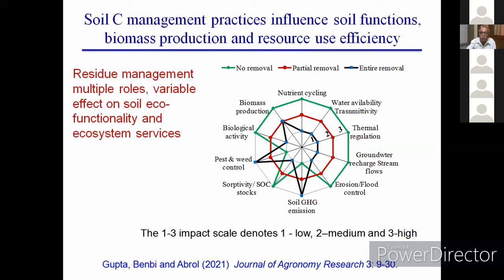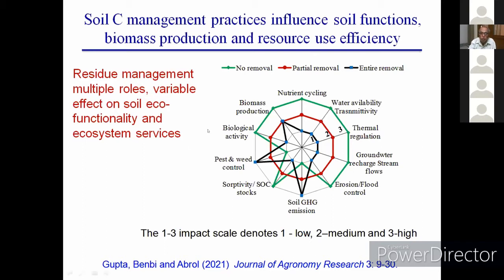And most importantly, ultimately they affect biomass production and biodiversity, biological activity. So all these processes which affect these two, which we are always concerned about, are at the highest level. So bringing the residue back, residue recycling, a practice which is now slowly disappearing, we should be aiming at that.